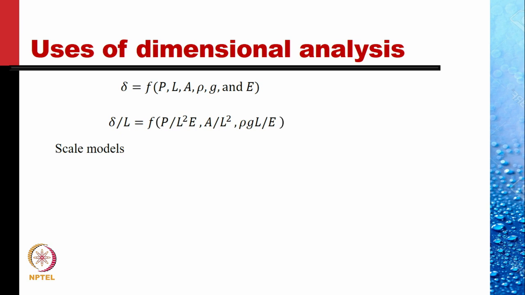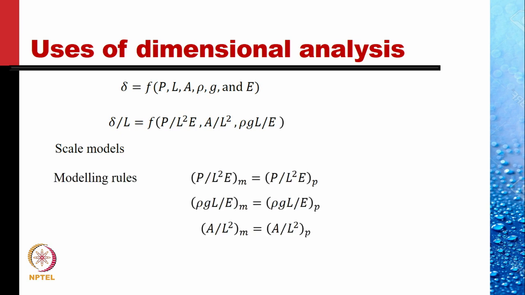We can construct scale models. Modeling rules: when we make scale models, all we have to ensure for similarity is that the values of these 3 non-dimensional groups match between model and prototype.